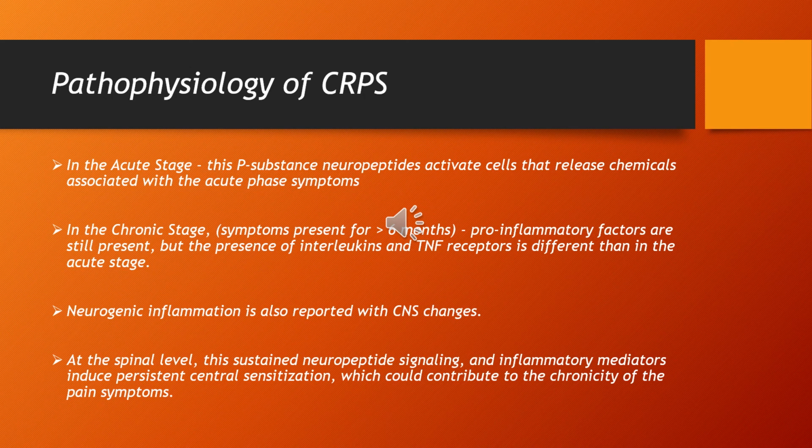The edema, the red skin coloring, the warmth, or hair growth. Now, in the chronic stage, the symptoms that could be present for months, the pro-inflammatory factors are still present, but the presence of the interleukins and the tumor necrosis factor receptors is different than in the acute stage.